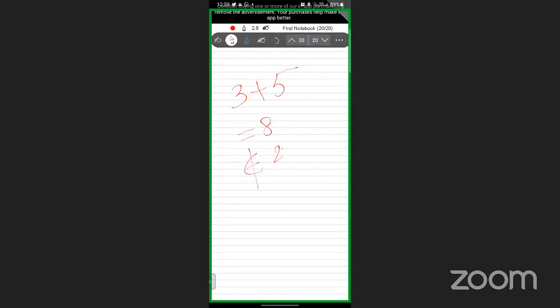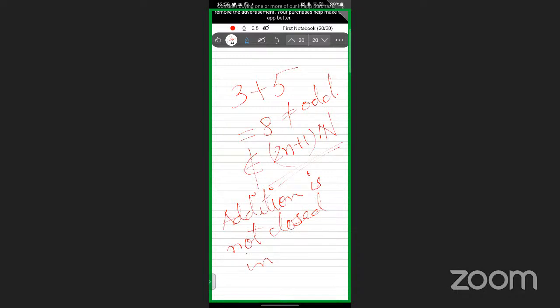It does not belong to the set of odd integers. So addition is not closed in the set of odd integers.